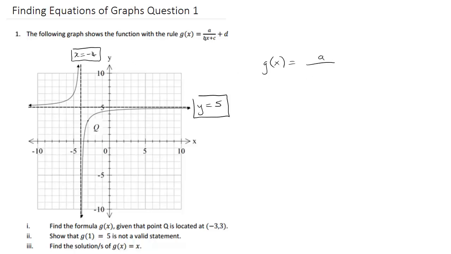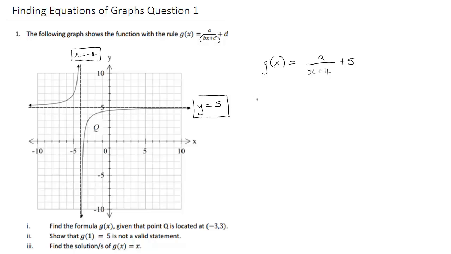Now to obtain the denominator of this hyperbola, we're going to turn the solution of x equals -4 into x plus 4. So we're transposing the number and putting it on the other side of the equal sign. And then to find d, we're just using plus 5. Okay, so that's all we can fill out right now.